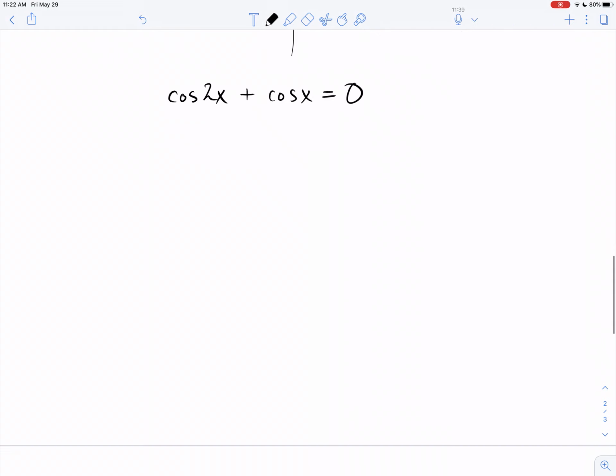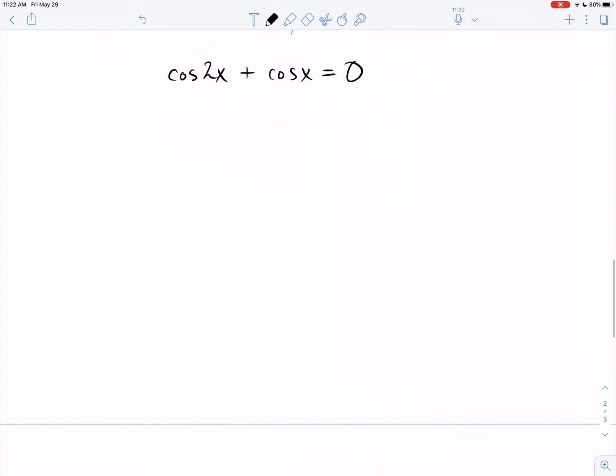This problem right here is problem number 23, and this would not be a good candidate for what I just showed you. Remember, the other tricks that we already know are very good tricks, very valid, and they're very useful when this type of situation happens.